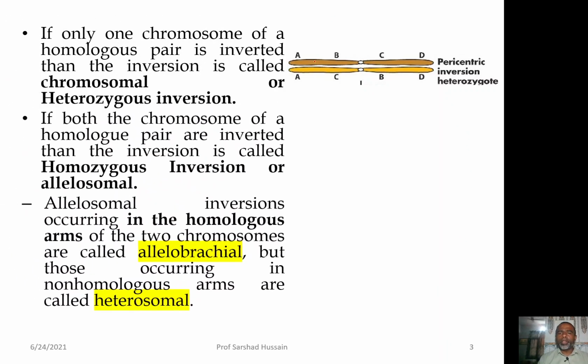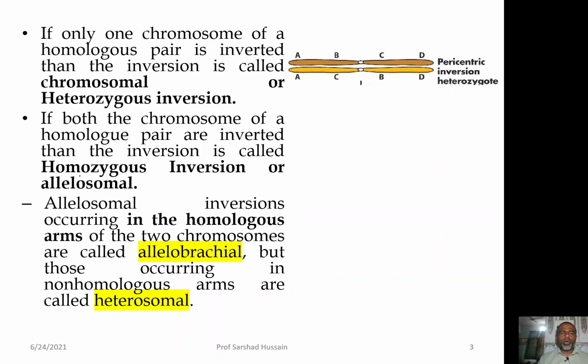Now, here you can see it is heterozygous inversion, because in one chromosome the sequence of the gene is normal, that is A B C D, and in the other this segment is reversed, forming the gene sequence as A, C, B and D.